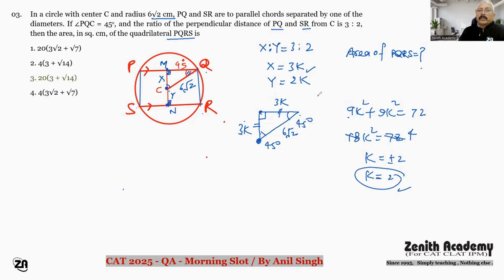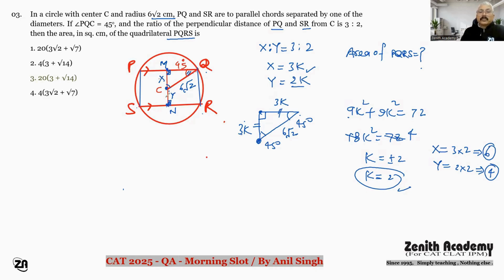K is 2 simply suggests that x is equal to 3k, 3 times 2 is 6, and y is equal to 2k, so 2 into 2. So this is equal to 6 and this is equal to 4. So now CM is 6 and CN is 4.